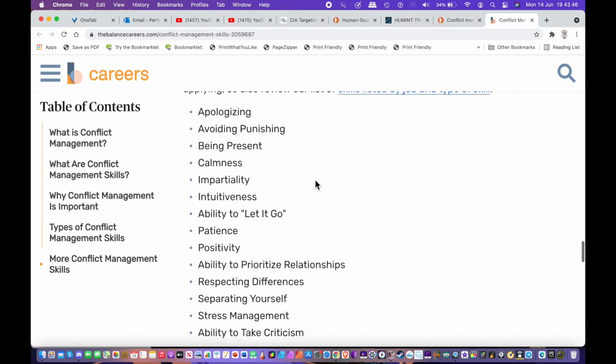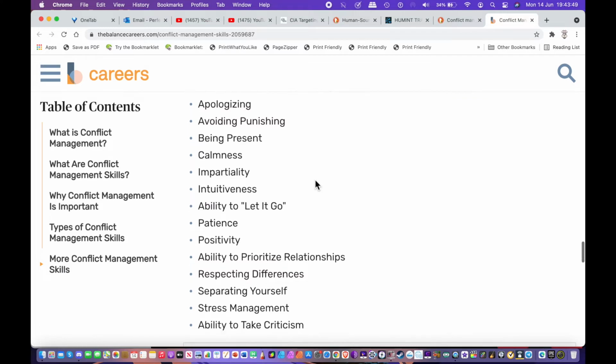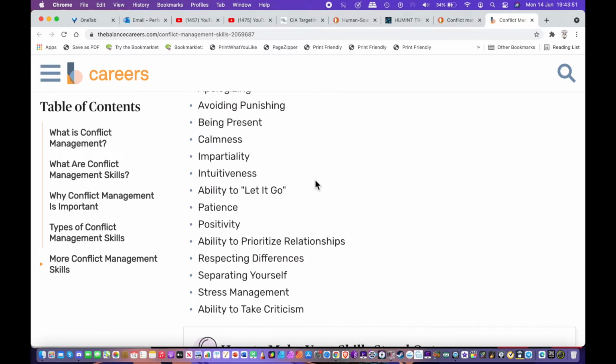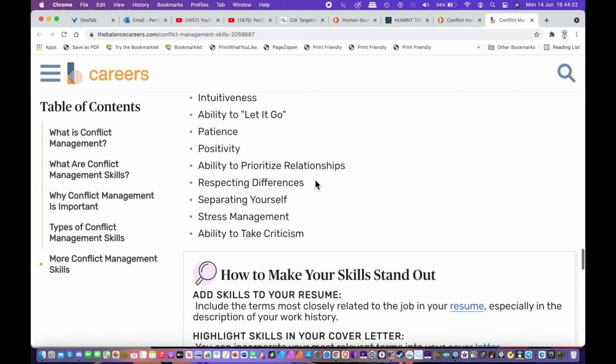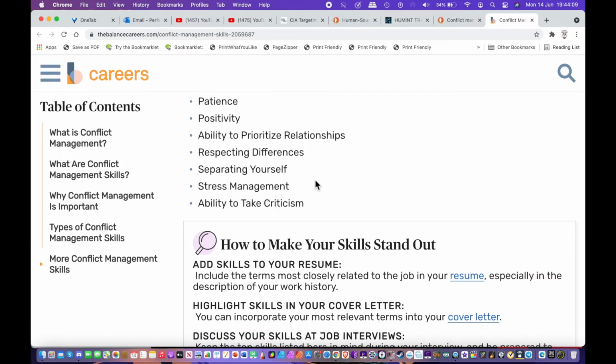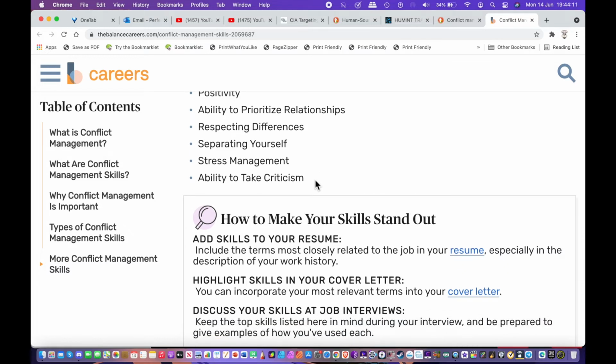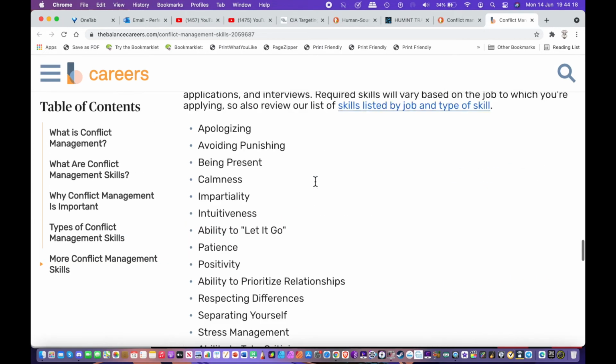Apologizing, avoiding punishing, being present, calmness, impartiality, intuitiveness, ability to let it go, patience, positivity, ability to prioritize relationships, respecting differences, separating yourself, stress management, ability to take criticism. Okay.